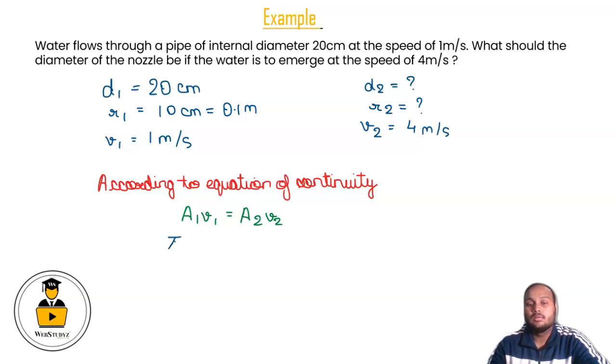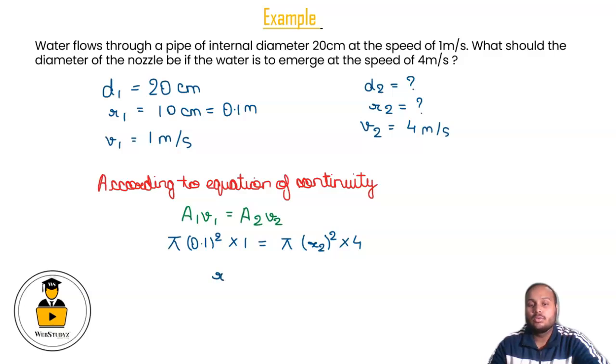So pi into r1 square, 0.1 square into v1, this will be equal to pi into r2 square into 4. This pi and pi will get cancelled out.